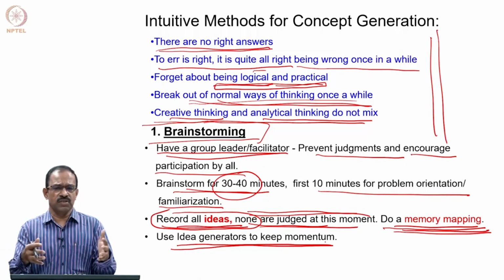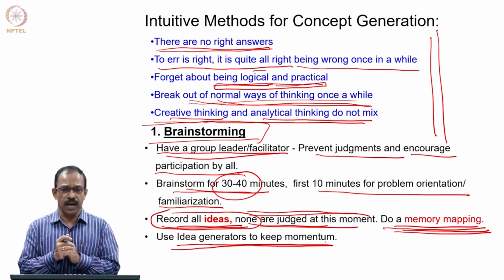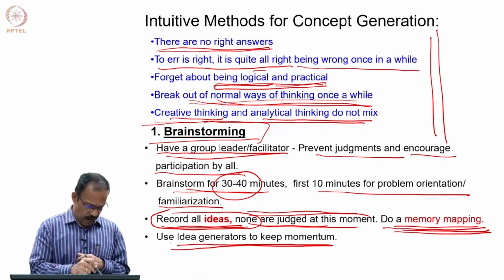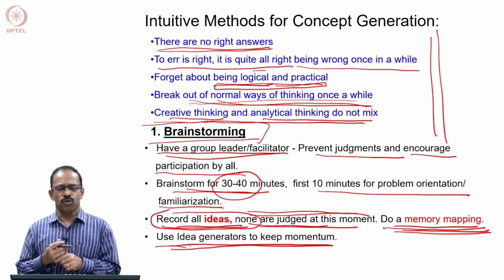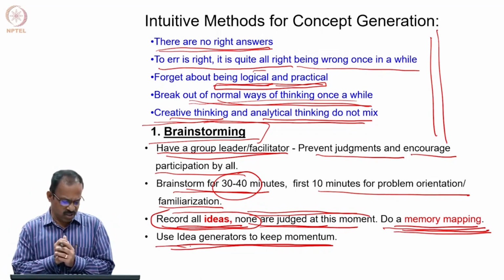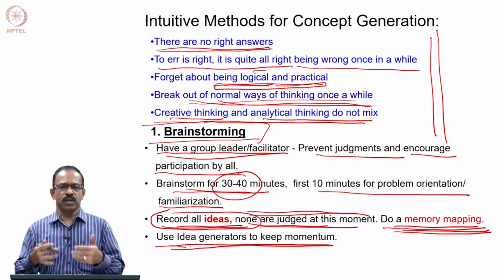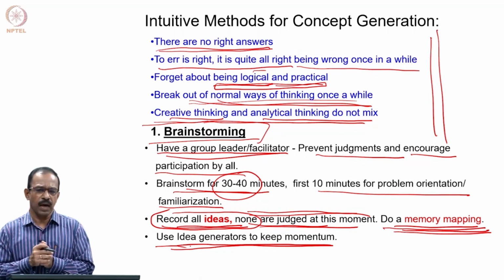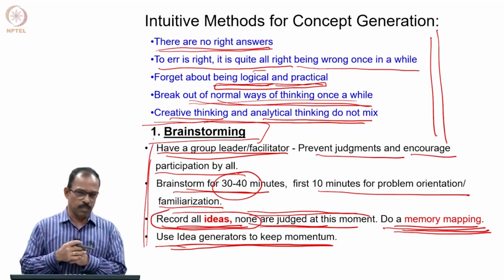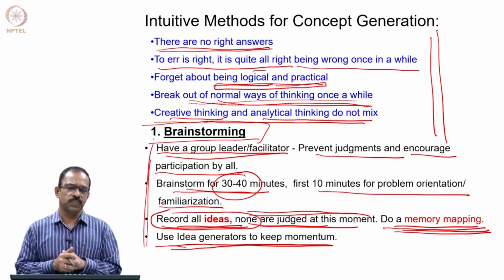If the team leader asks this kind of question, that will trigger the discussion again. So, that is basically the idea generators. How, why, what and things like that, the team leader asks questions, then there will be some momentum again for ideas. This way we need to proceed with the brainstorming session for 30 to 40 minutes.